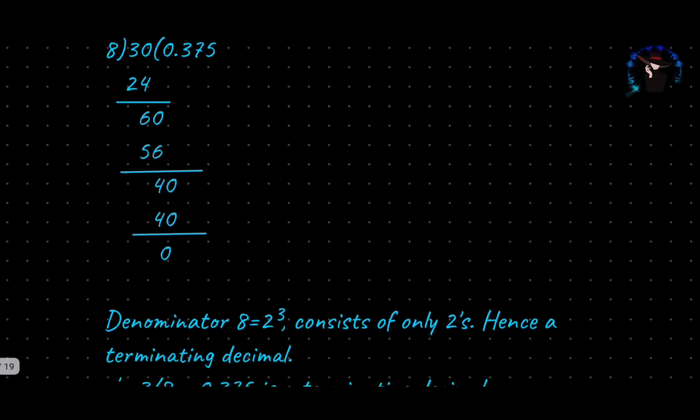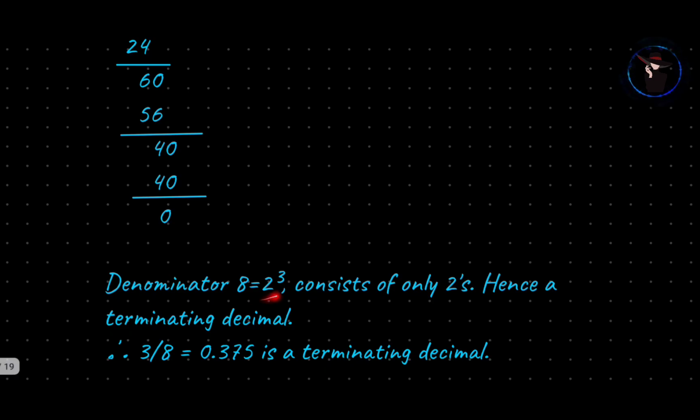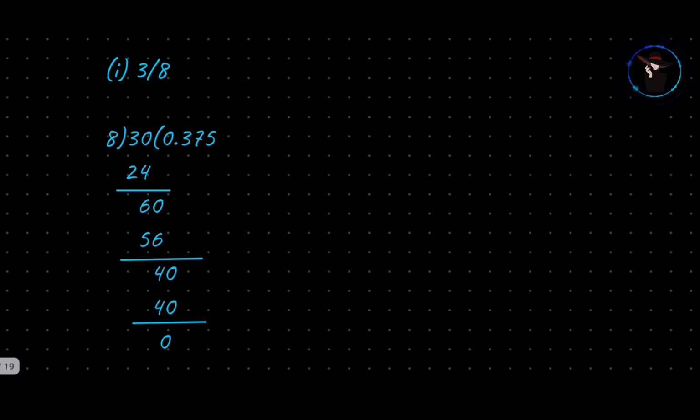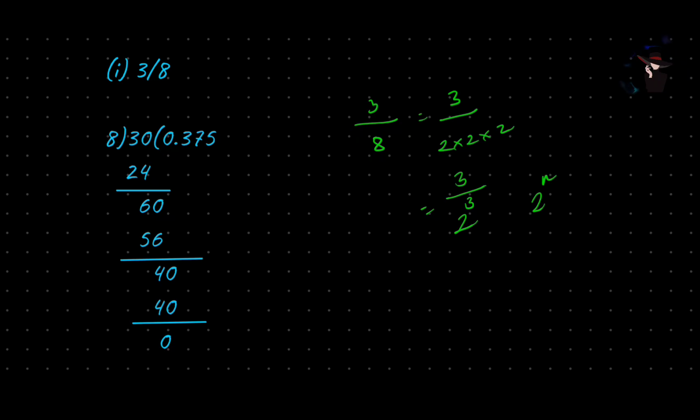See, the denominator 8 is equal to 2 cube. I'll just show you how it is. This 3 by 8, this 8 can be written as 3 by 2 into 2 into 2, which can be written as 3 by 2 cube. It is in the form of 2 power n, right?